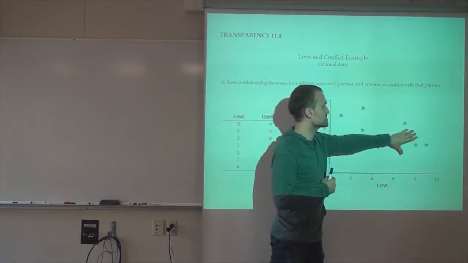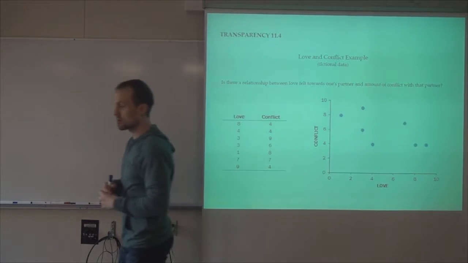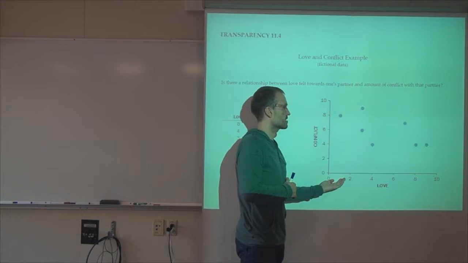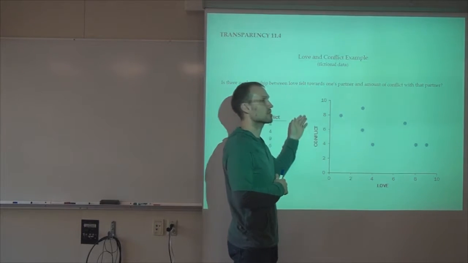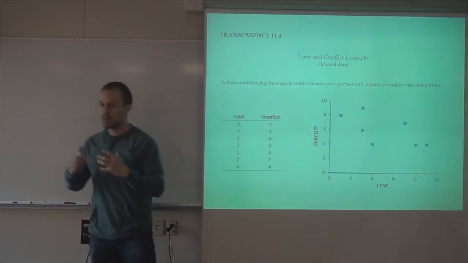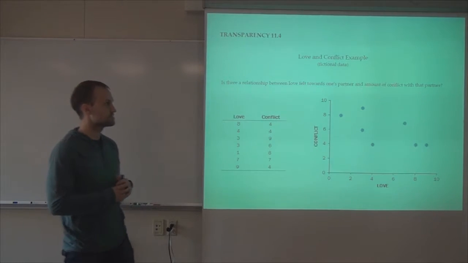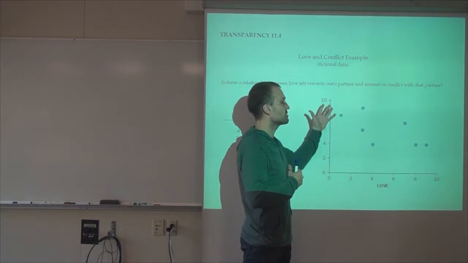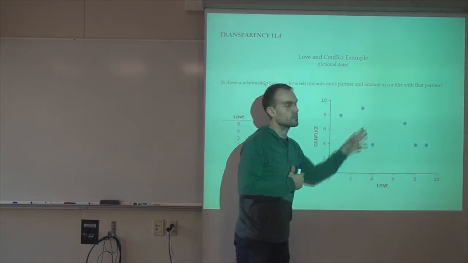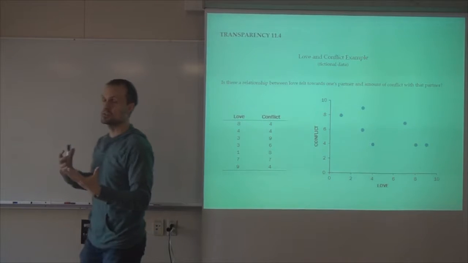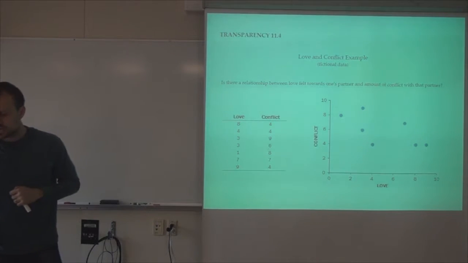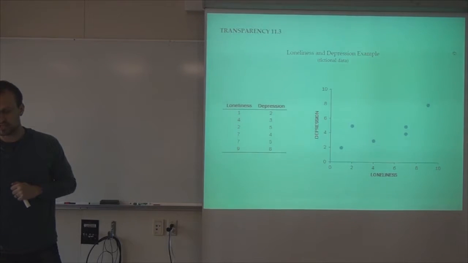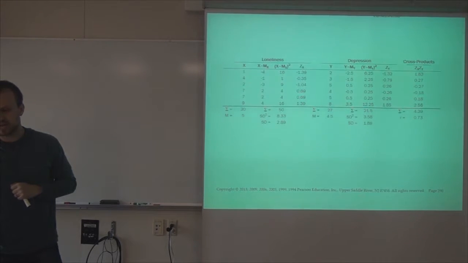It might suggest some sort of negative correlation, that a lower love rating corresponds to a higher conflict rating. But again, I want my correlation coefficient to be the measure of how strong the correlation is, and is it a positive or a negative correlation. Now, to do that, we're going to go back to our loneliness and depression example and see the numbers that we have to work with.